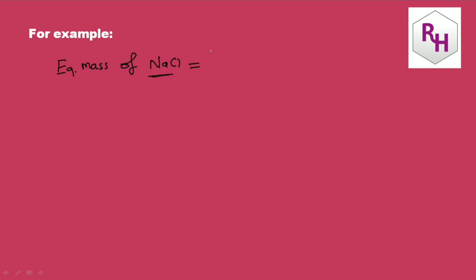NaCl molecular mass is 58.5, divided by the positive valency. Na is plus 1, correct? Positive valency is 1. So the answer is 58.5 gram.